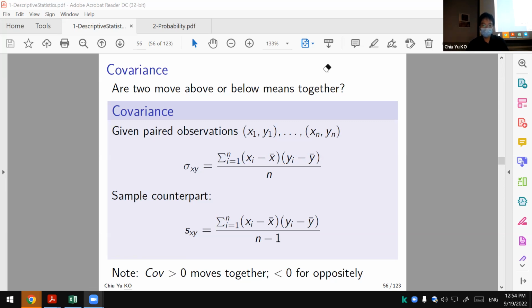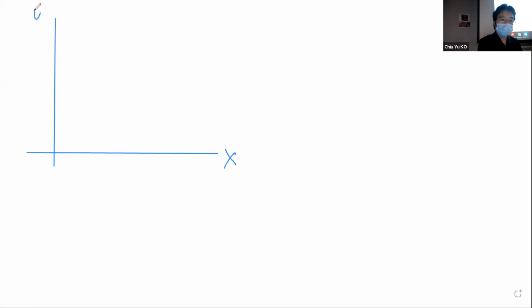Let's see the scenario that you may be expecting. Let's do a scatter plot here, x and y, and plot some data.